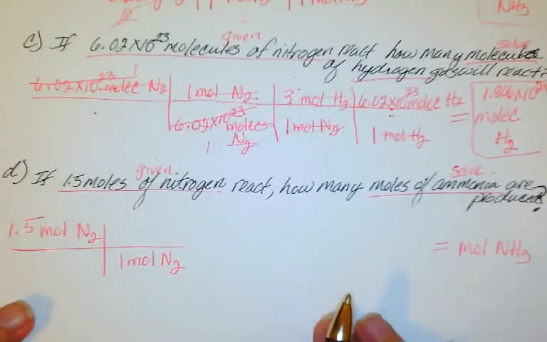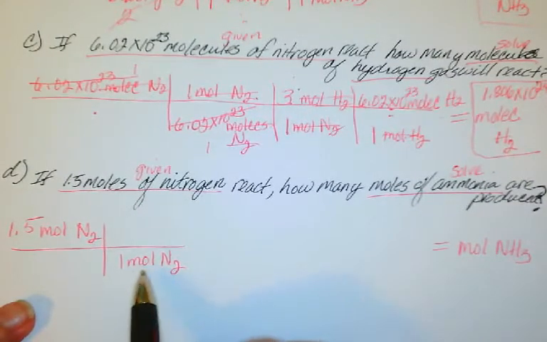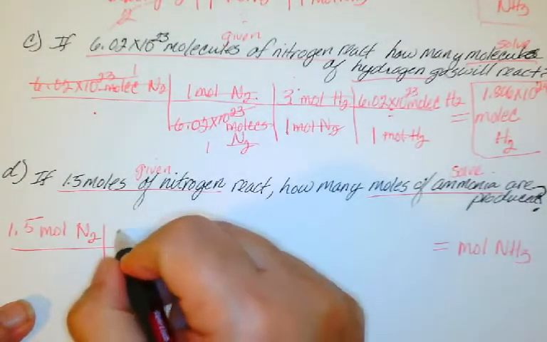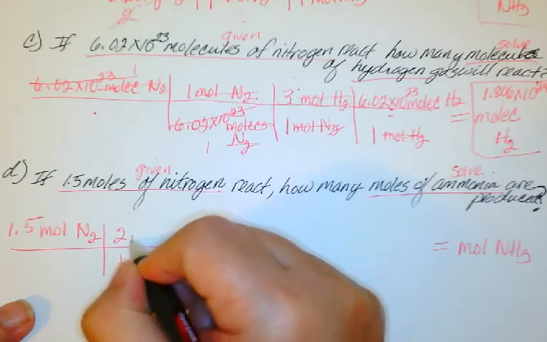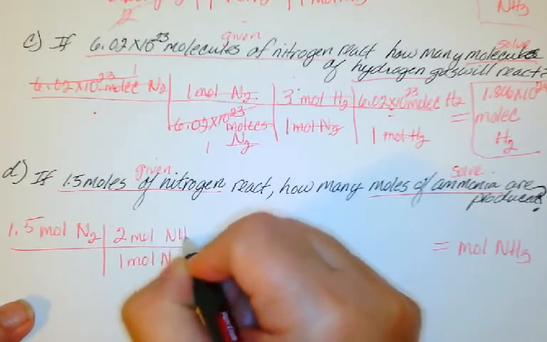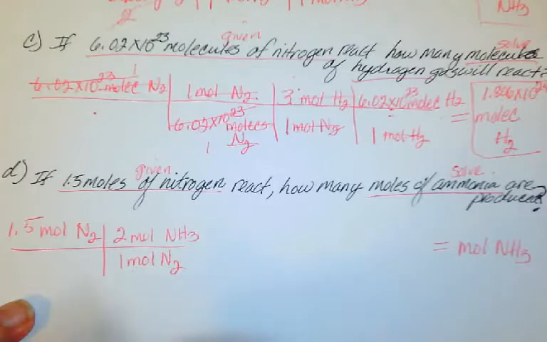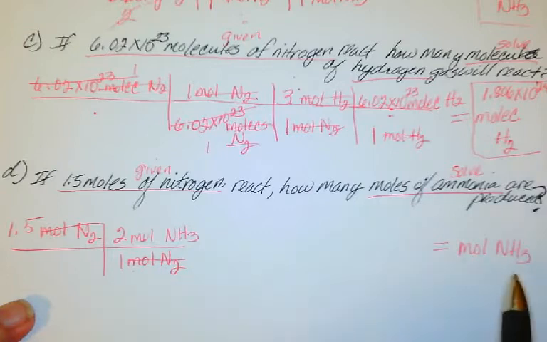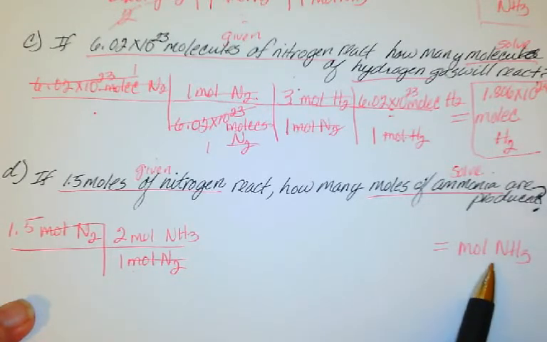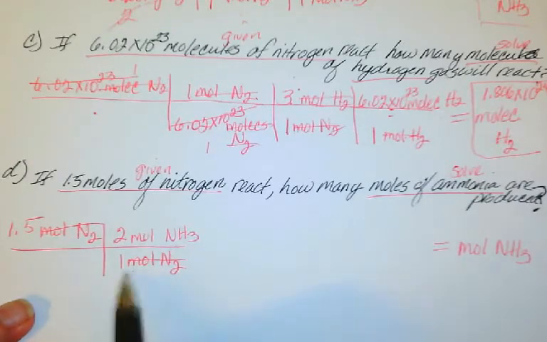So in this case, my old chemical is on the bottom, and the new chemical, 2 moles NH3, goes here. I can cross cancel. I'm left with moles of NH3. What am I trying to solve for? Moles of NH3. Yay! I'm done with the setup.